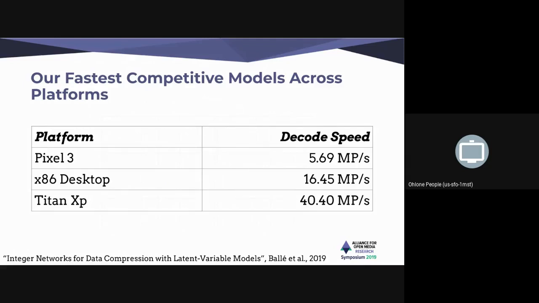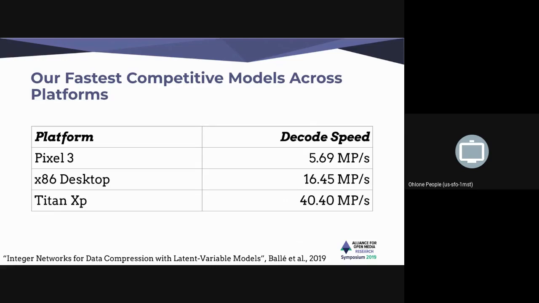So when we run on a Pixel 3, which I think is a Qualcomm 845, we get close to 6-ish megapixels. If you run on a CPU on my desktop at work, I'm getting about 16 megapixels per second. And if you run on a Titan XP, it's an NVIDIA GPU, we get about 40 megapixels per second. So as you can see, we can get models which can be quite fast.